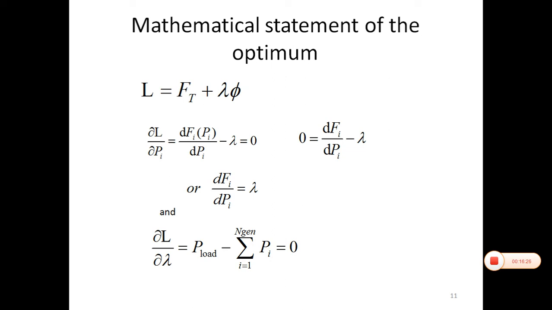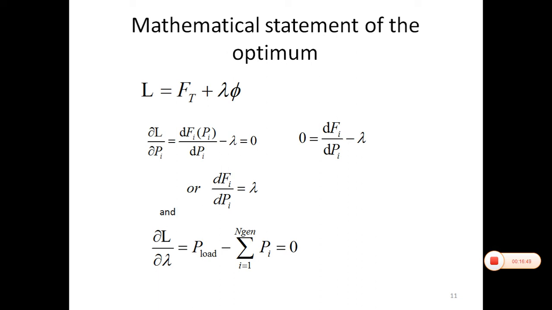For finding the solution, we take the partial derivative of the Lagrange function with respect to every independent variable. Here the independent variables are your power outputs, pi. So we take the partial derivative with respect to that variable, partial Lagrange by partial pi.